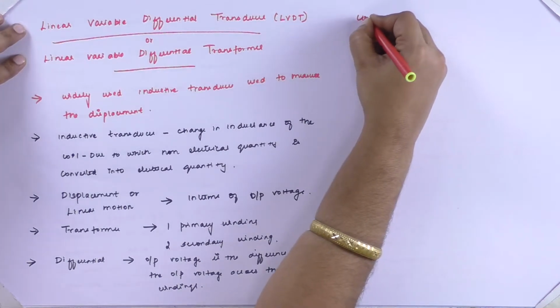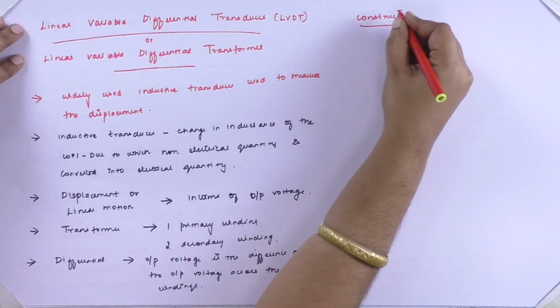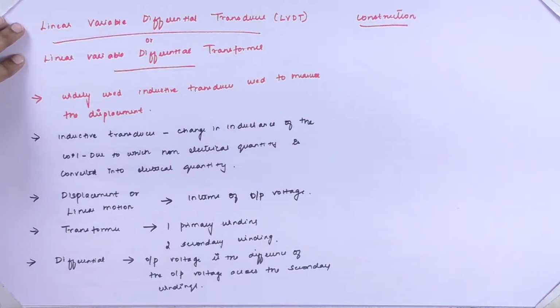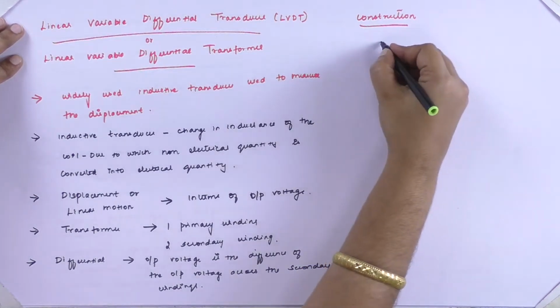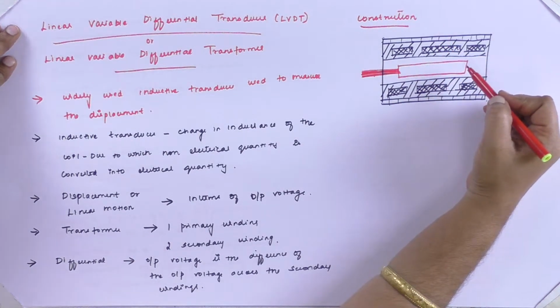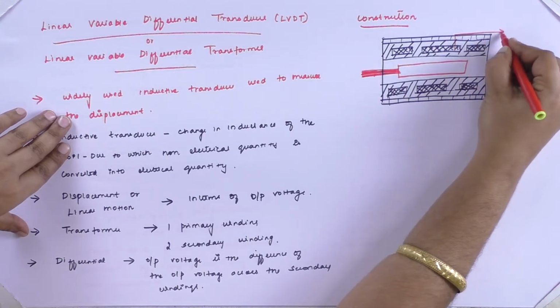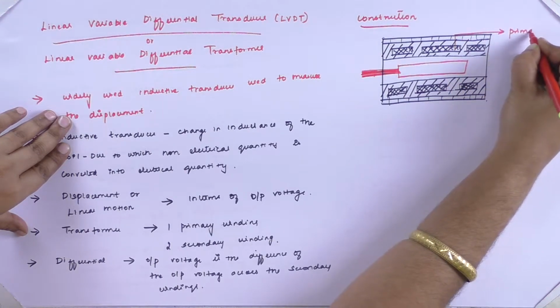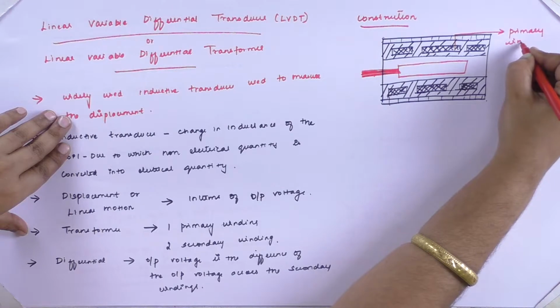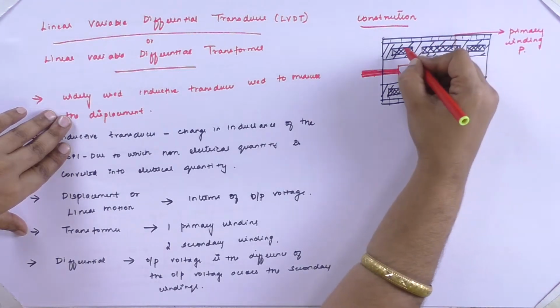Now let us see the construction of the linear variable differential transformer. Here we have a primary winding, represented as P, and two secondary windings.